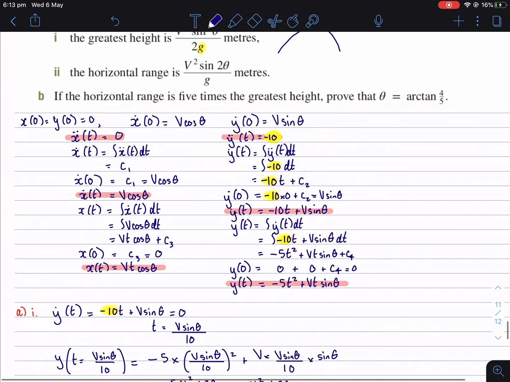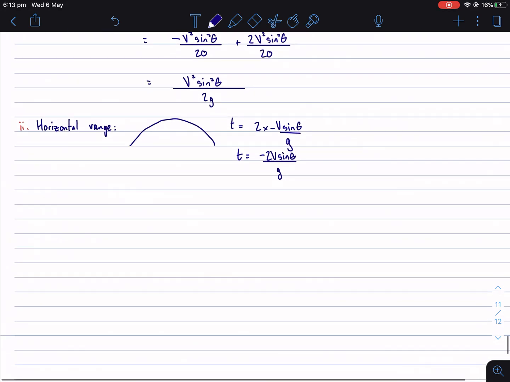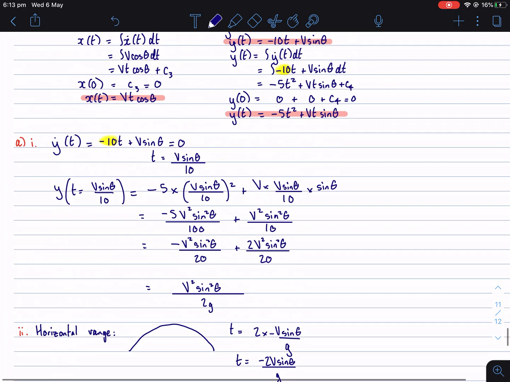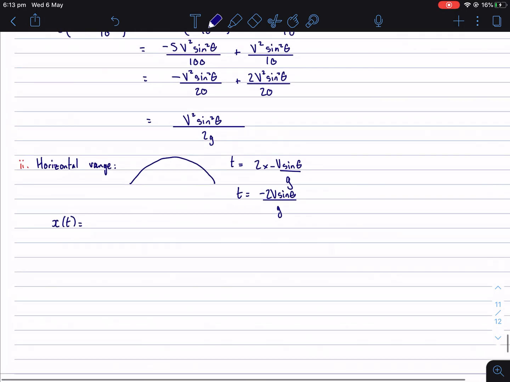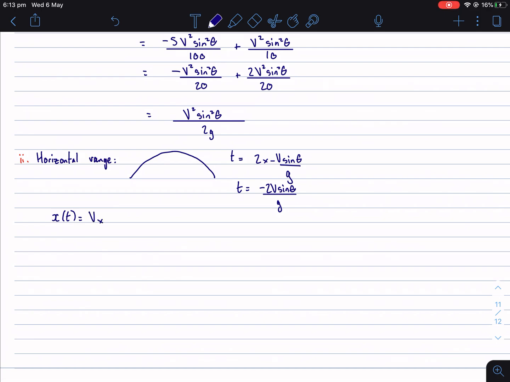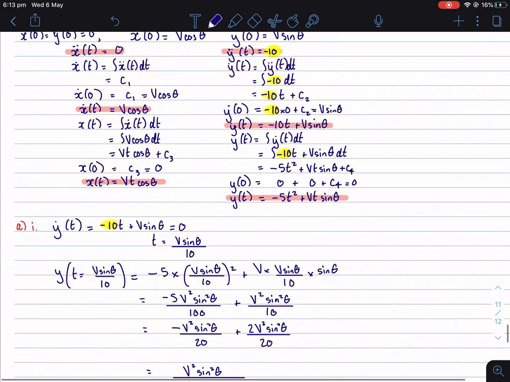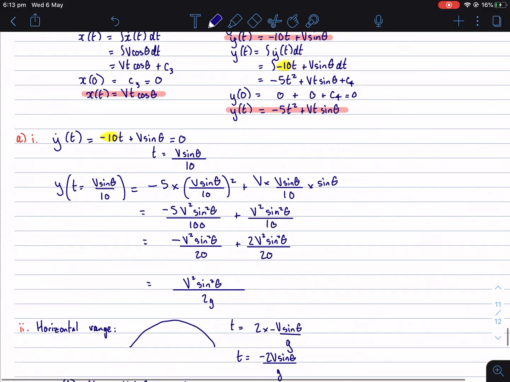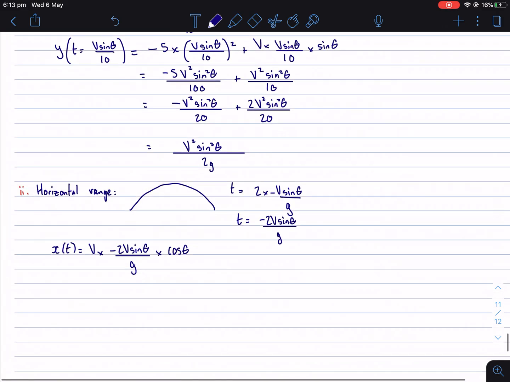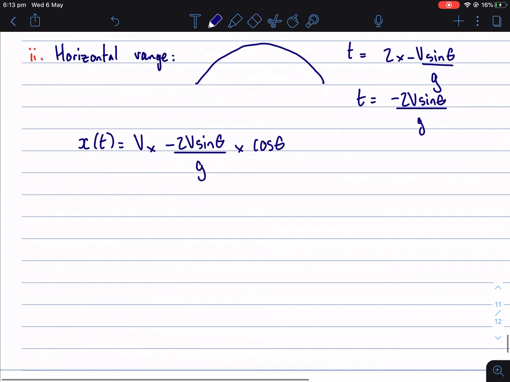Okay, now I should be able to sub that in somewhere. v t cos theta. How's that going to give me that? Ah, double angle formula.